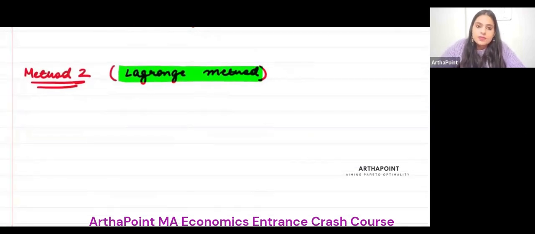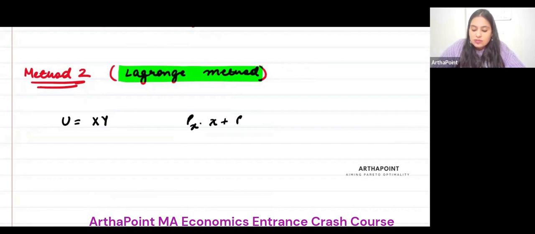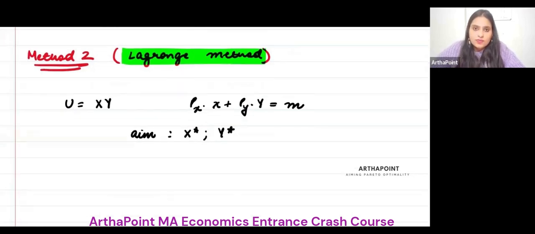Here, you are given the same utility function and the same budget line. The aim is to find X star and Y star. How do we do it?